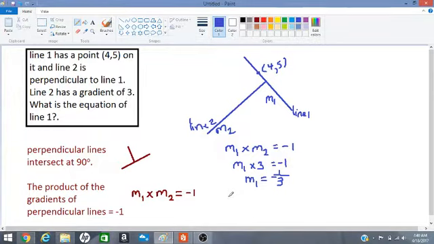So the equation of line 1 looks like this: y is equal to -1/3 x plus c. Let's use our point now. We will use the point (4, 5) at this moment in time. So we'll have x is equal to 4, and then y is equal to 5.